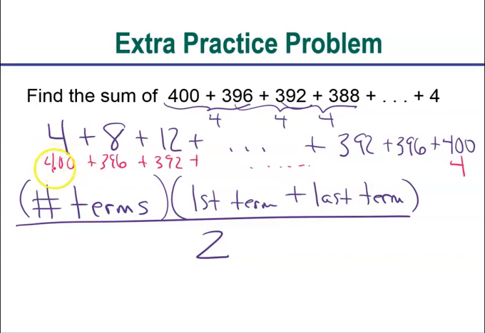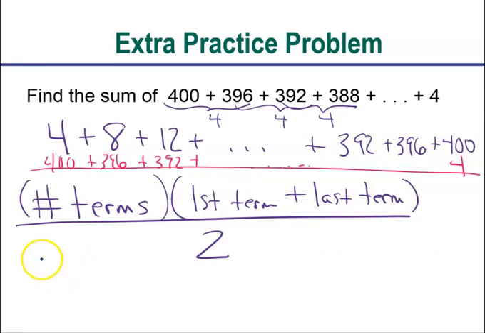And what do every one of those add to be? How about 404? Where does that show up in our problem? Look, right here. First term plus last term. 4 plus 400 is 404. Okay, so let's start filling in some of this information.